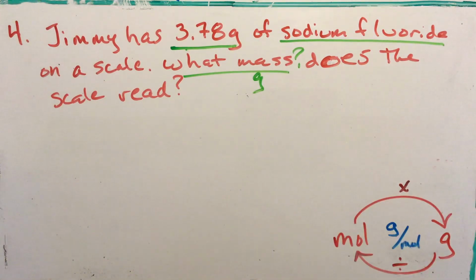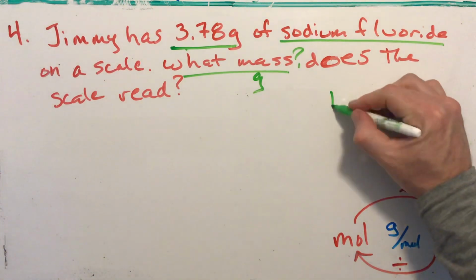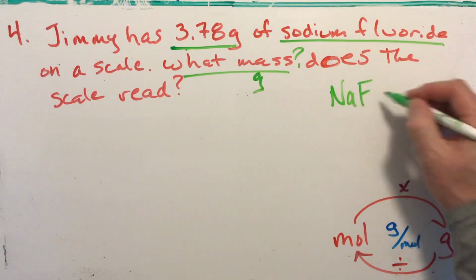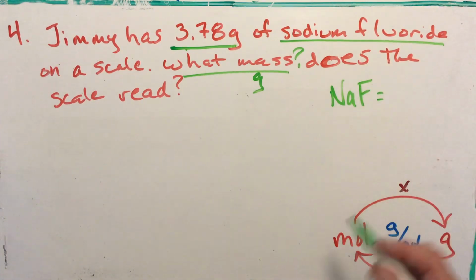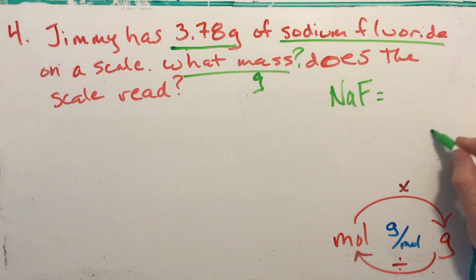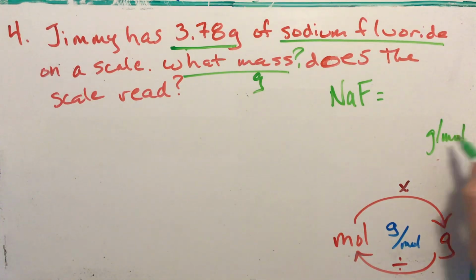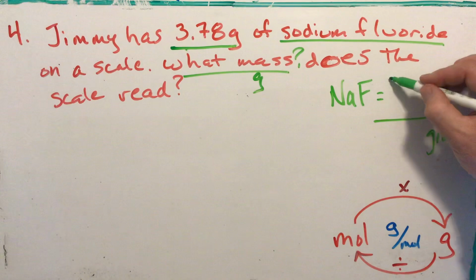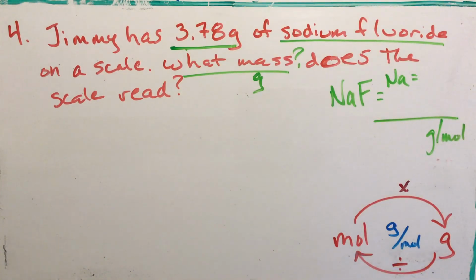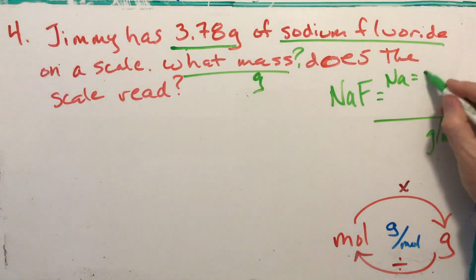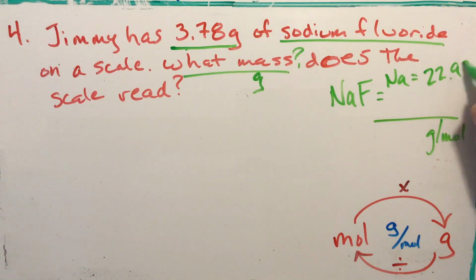I have sodium fluoride. Sodium fluoride, I'll find that out off to the side here. So NaF is sodium fluoride. This is a 1, that's a 1. That's a good formula. So to find the molar mass for that, I'm going to take an Na, and sodium is 22.99. Again, this value is right off of the periodic table.